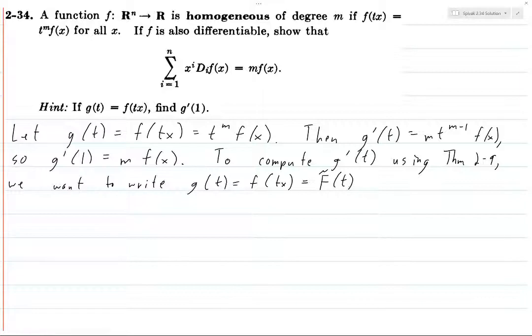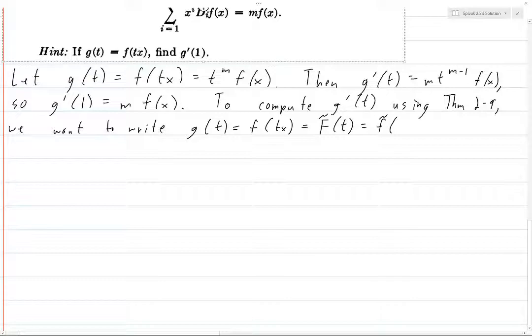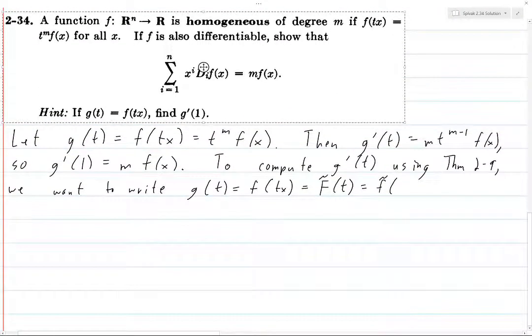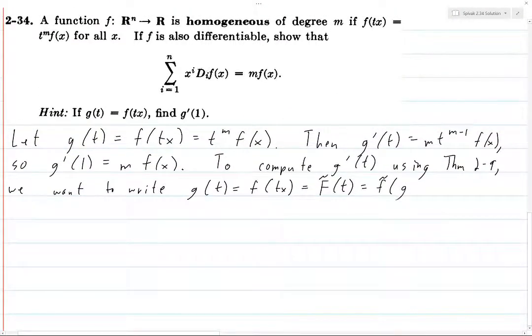Okay, so typically in theorem 2-9 you have capital F of t, or capital F of whatever, and here I'm going to call it capital F tilde. I want this to be F tilde of g1 tilde of t all the way through g, and then it goes up to gm.